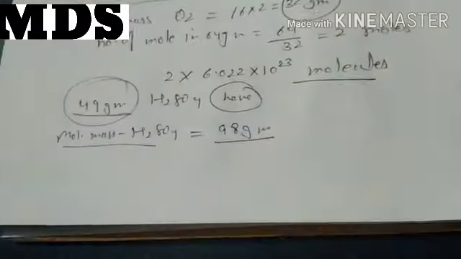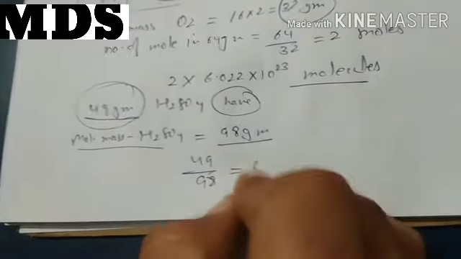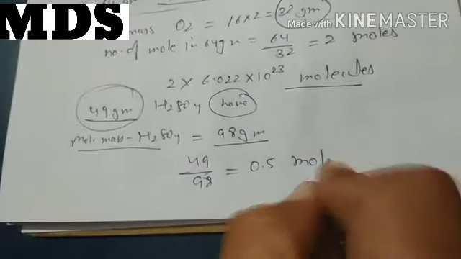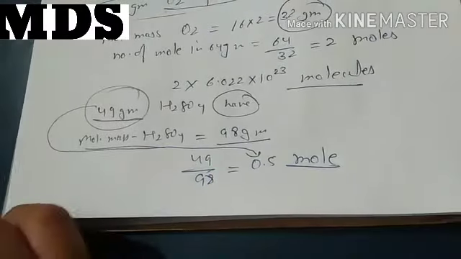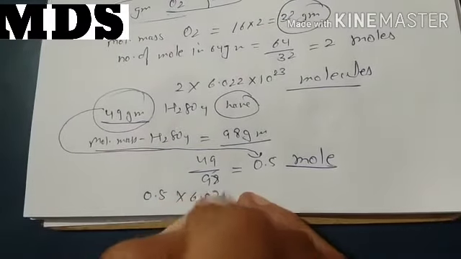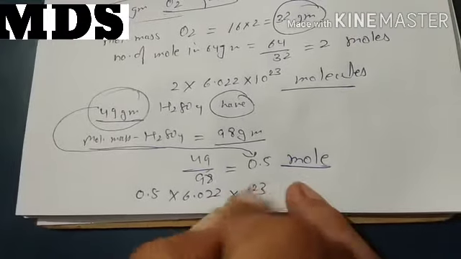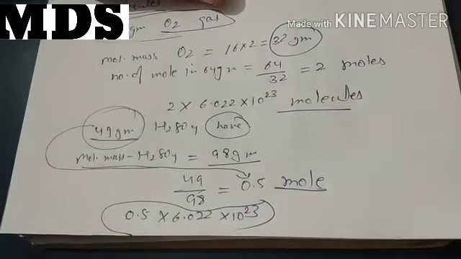Now how many moles are in 49 gram? 49 divided by 98 gives you 0.5 mole. So 49 gram of H2SO4 comprises 0.5 mole. So the number of molecules will be 0.5 into Avogadro number. That many molecules are present in 49 gram of H2SO4.